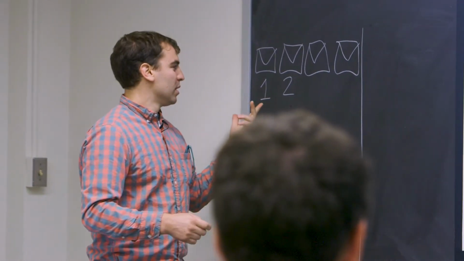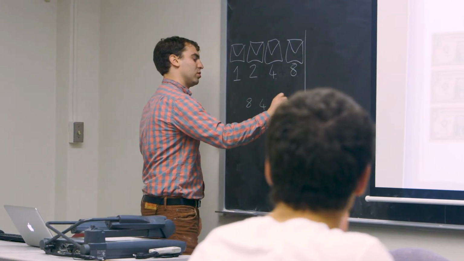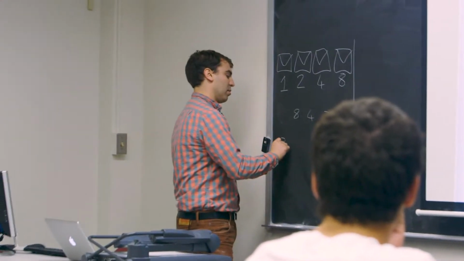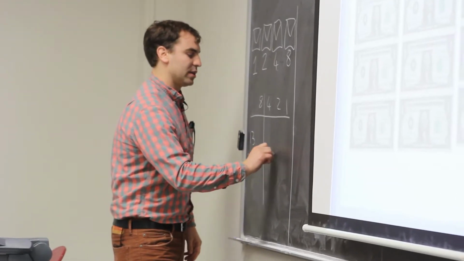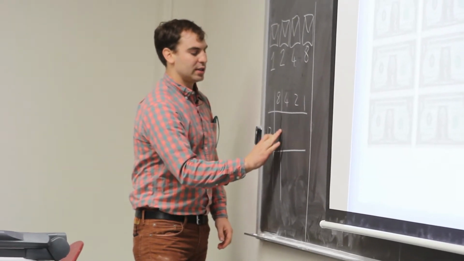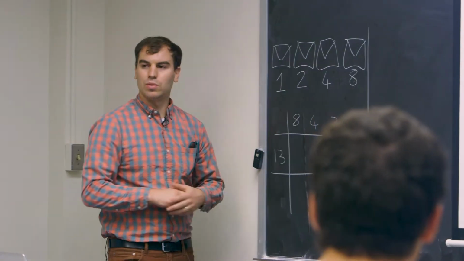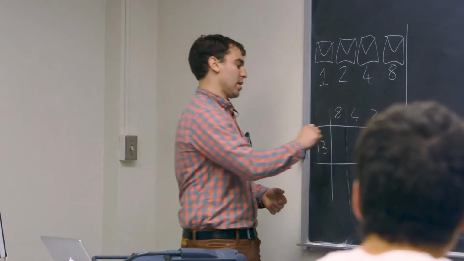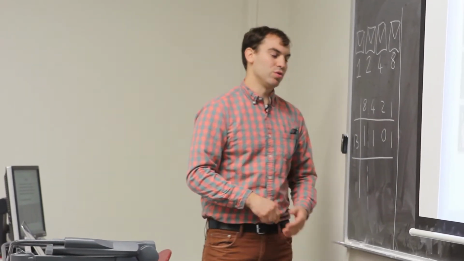Okay? Well, let me do a table for you. 8, 4, 2, 1, and I'm going to pick a particular number. I'll do 13 to start off with. So how did I do 13? What was that? 8, 4, and 1. So there were no 2s.